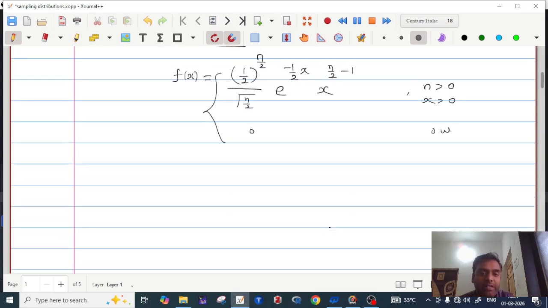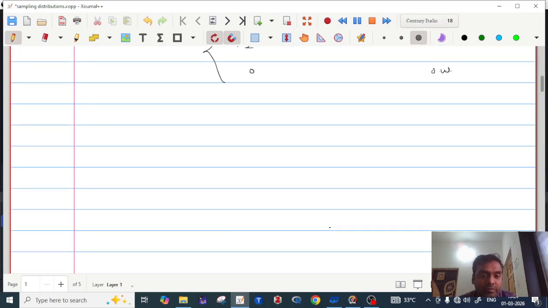This is the PDF of the chi-square distribution. Its notation is x follows chi-square with n degrees of freedom. This n is the parameter.